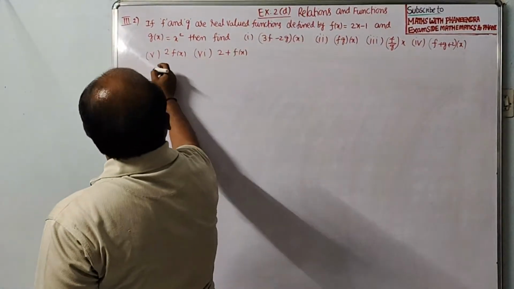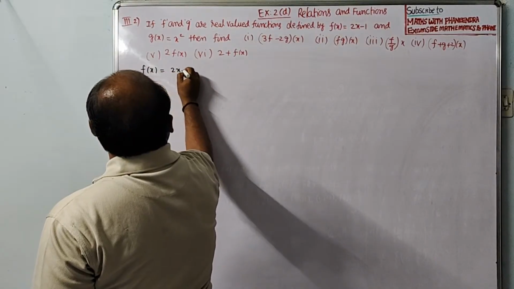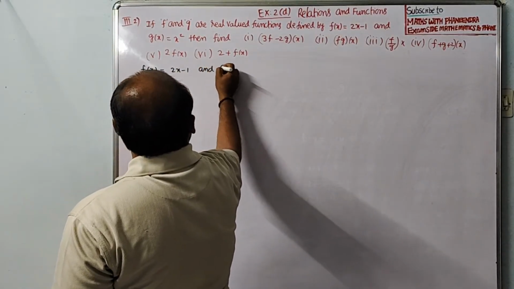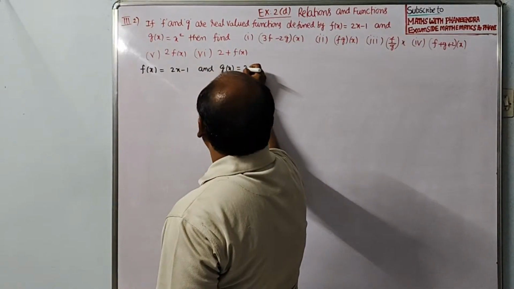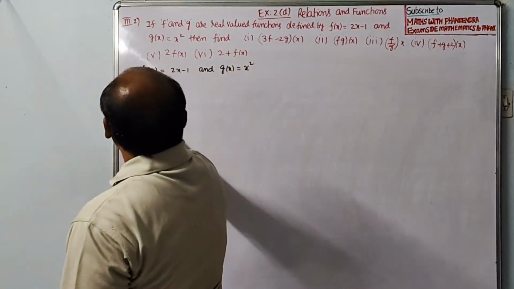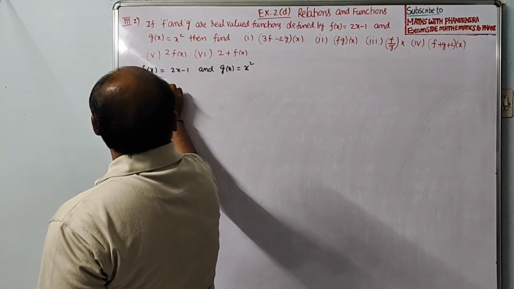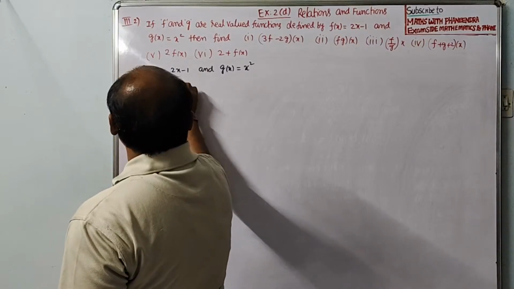So first, given function f of x is equal to 2x minus 1 and g of x is equal to x square. So the question they are asking, first one, 3f minus 2g of x.